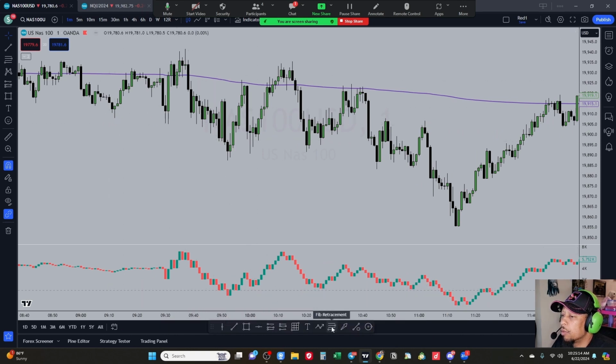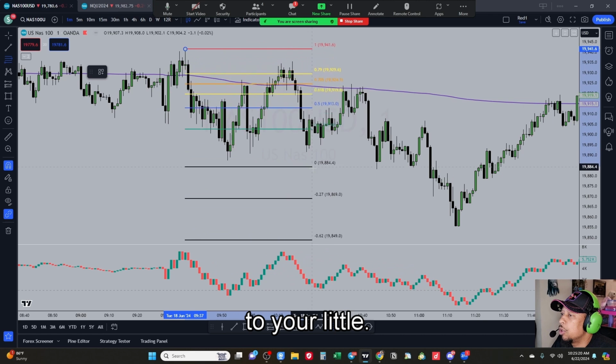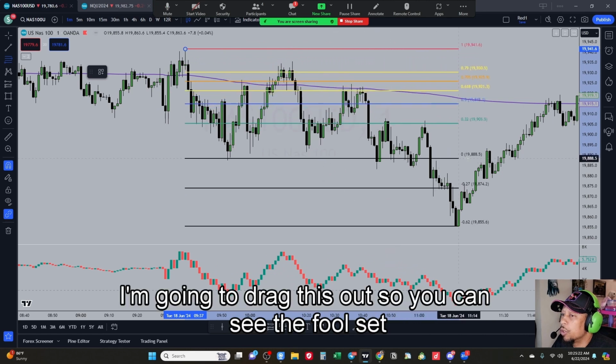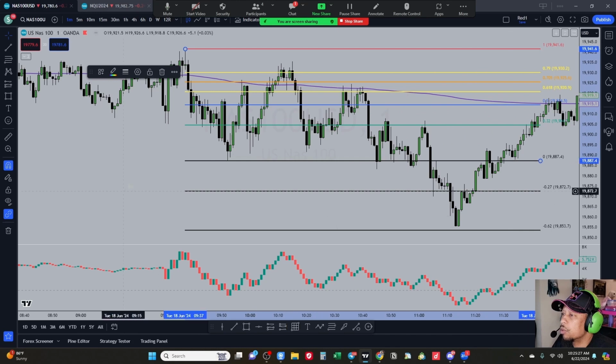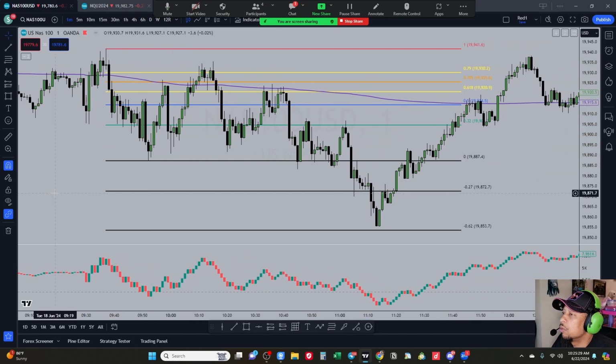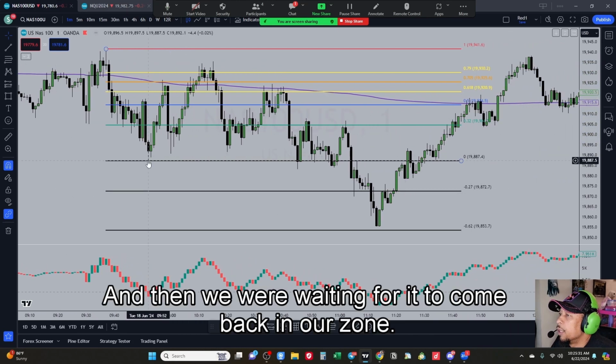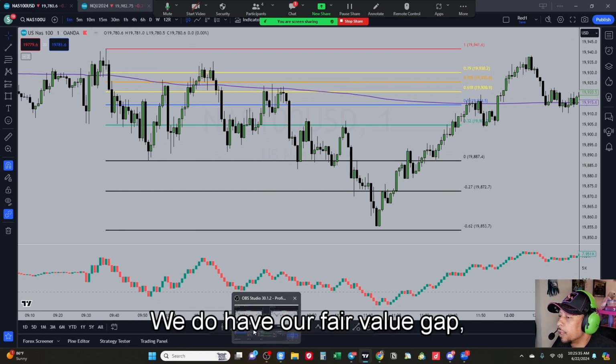Same thing. Grab your fib, mark it from your high to your low. I'm going to drag this out so you can see the full set here, like that. Right? And then we were waiting for it to come back in our zone. We do have our fair value gap.